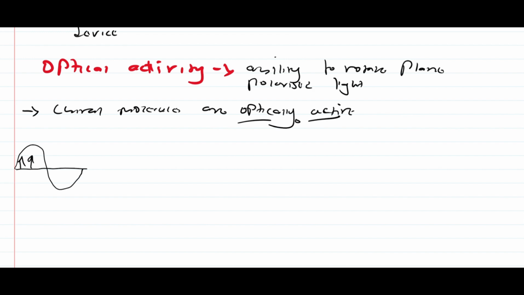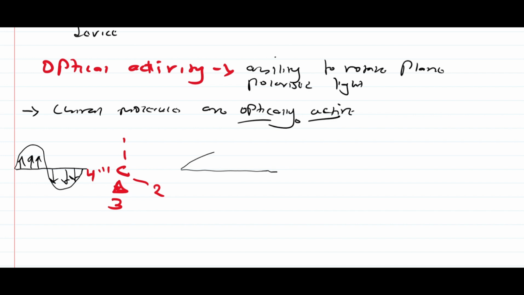that is oriented in that manner, when I pass it through a chiral molecule, the molecule has the ability to rotate this plane polarized light. And it can rotate the plane polarized light until now the plane polarized light will be sketched in this manner.